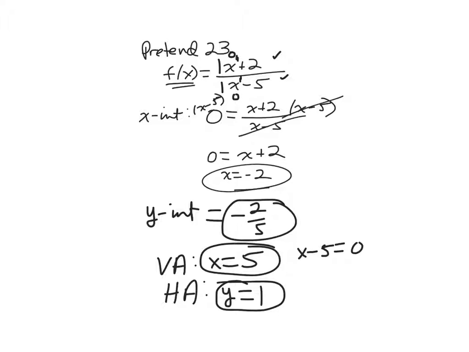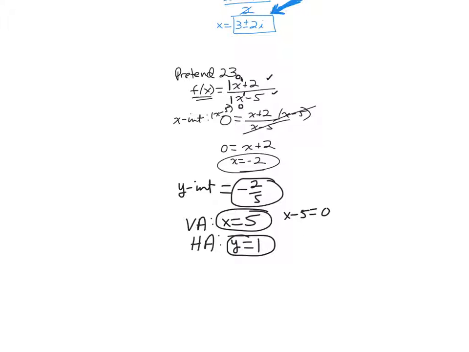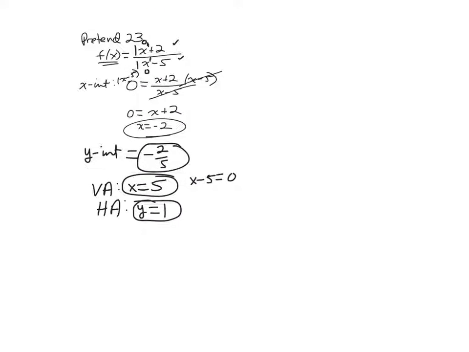Okay, and the last thing it says to do here is set up test intervals. Well, I hope that you remember to set those up. We use the x-intercepts, and we use the vertical asymptotes.